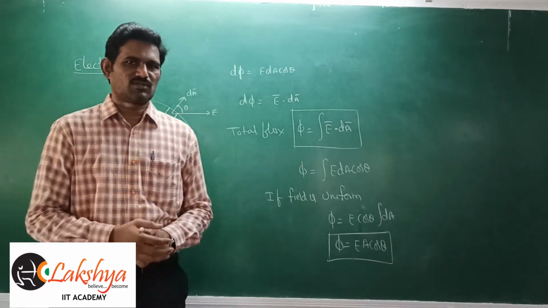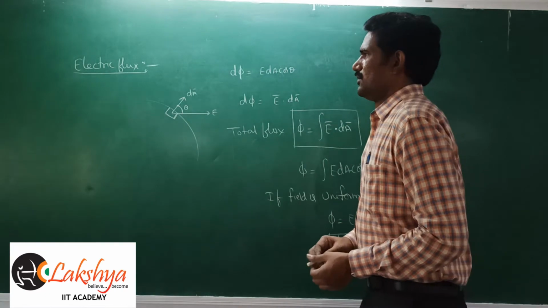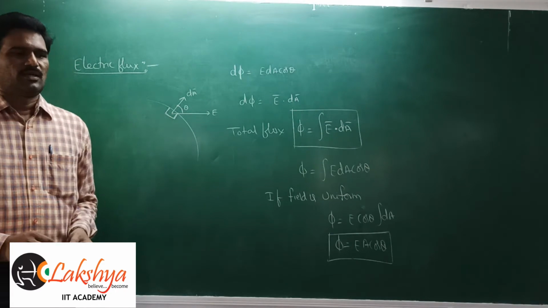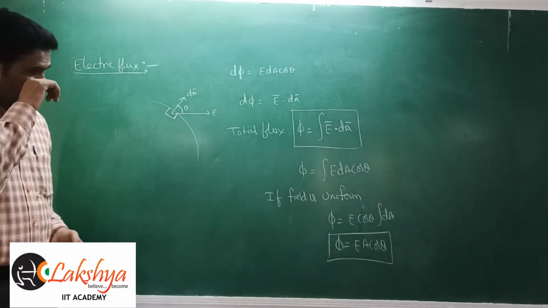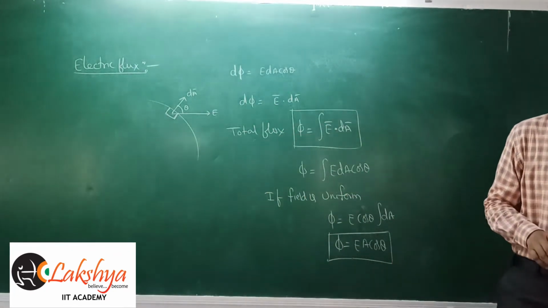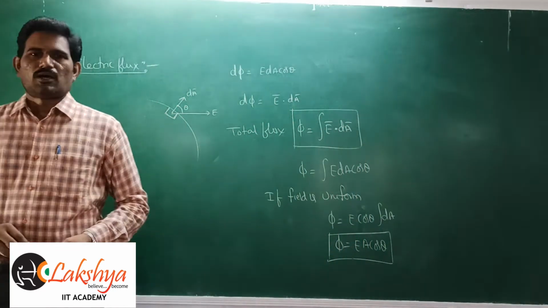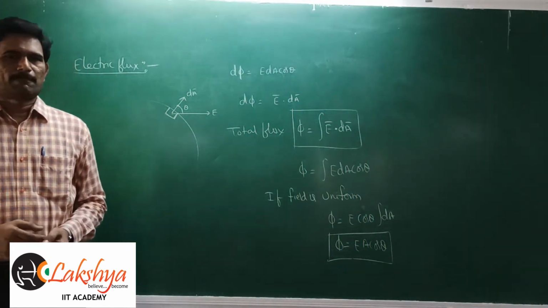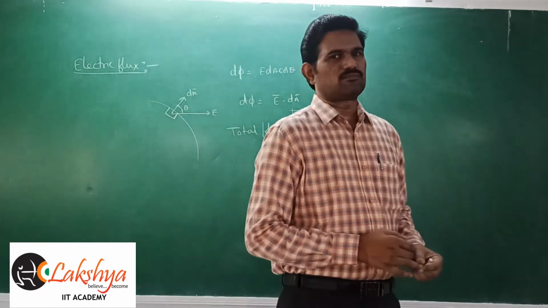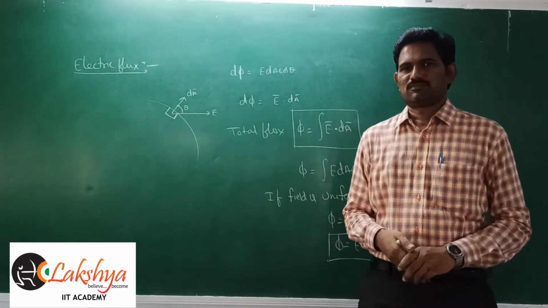Right? So just note the definition. Electric flux represents the number of electric field lines passing through the given area and normal to it.